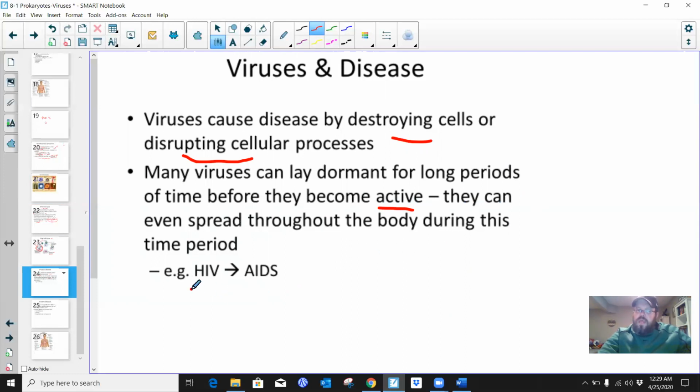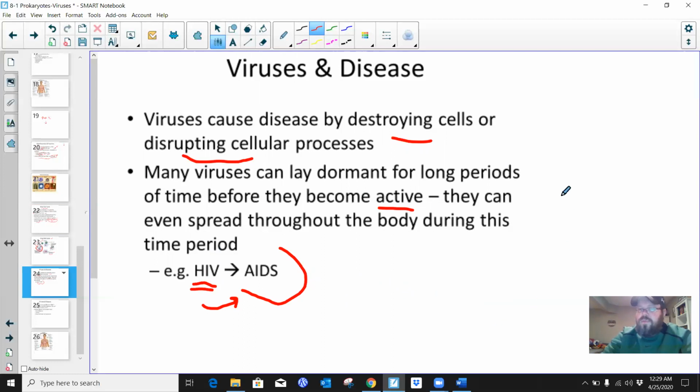So HIV is human immunodeficiency virus, and HIV is what causes AIDS, okay, which is the acquired immunodeficiency syndrome. So HIV is a virus that can lay dormant and can be treated for extensive periods of time. But eventually, if it becomes a full-blown virus, it can end up becoming detrimental and fatal.